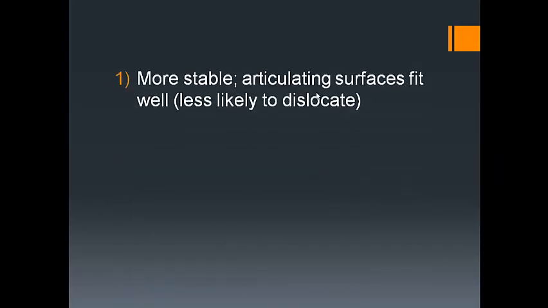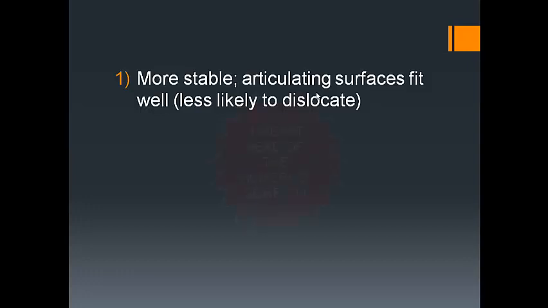Okay, so just to make sure that this video doesn't drag on for too long, the differences between the hip joint and the shoulder joint are that number one, the hip joint is more stable. This is because the articulating surfaces of the hip joint fit well with each other. So you saw how the head of the femur was fitting properly into the acetabulum.